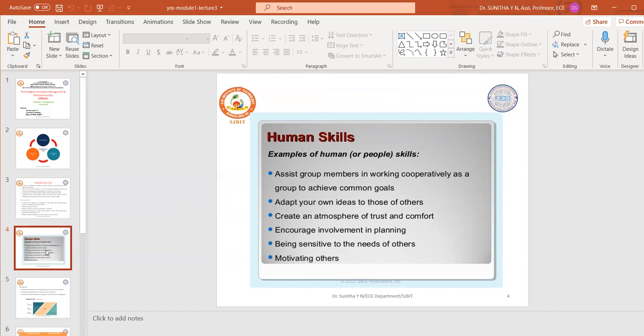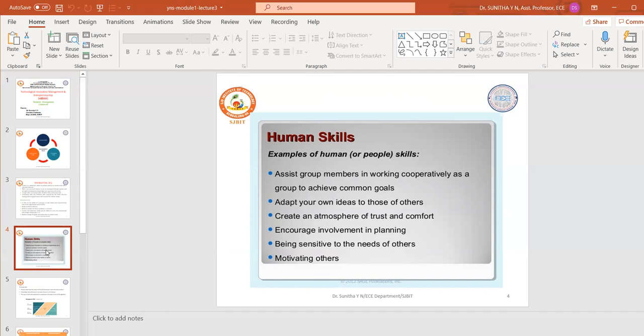That shows one good human skill. We should be very cordial with colleagues or co-workers, and we should extend our full cooperation so as to achieve the common goals which have been set by the head of the organization.